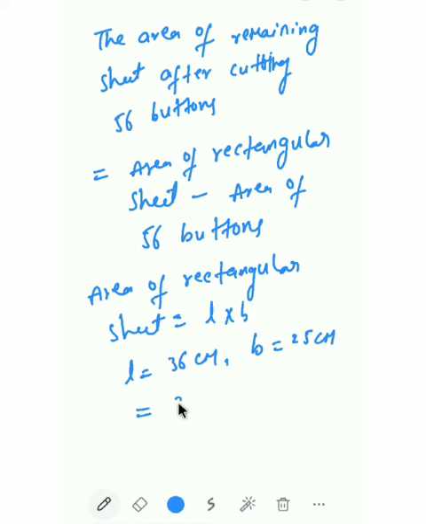So 36 centimeters into 25 centimeters is exactly 900 centimeter square. This is the area of the rectangular sheet. Next, find the area of the circular button.